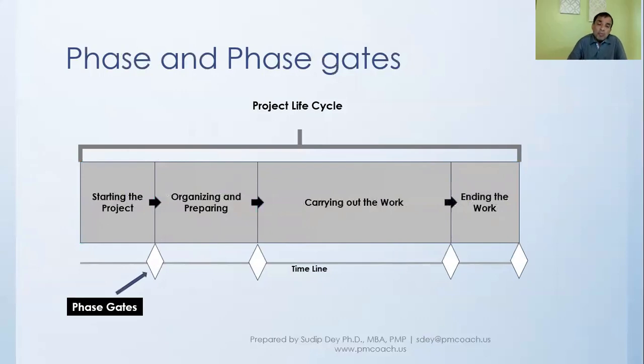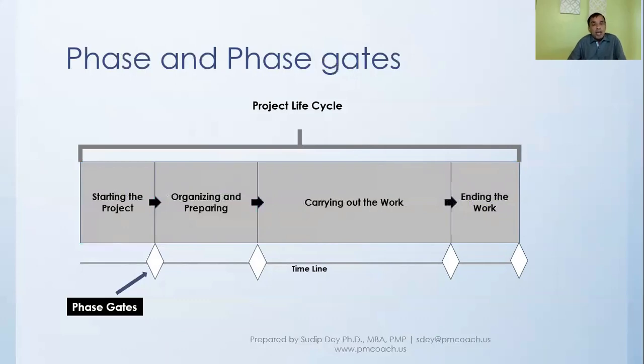Now, why is it so important, these phase gates? Because typically at the end of the phase, at the phase gate, there will be some action taken. Maybe a review will take place, maybe there will be a go, no-go decision, and so on.